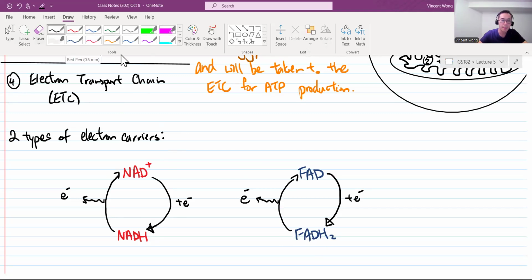So this here, when it picks up the electron, it's gaining electrons, right? So this is actually reduction, and then this over here is oxidation. Okay, same thing. Reduction and then oxidation.